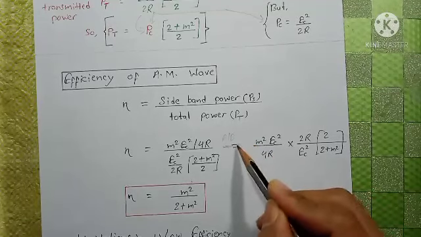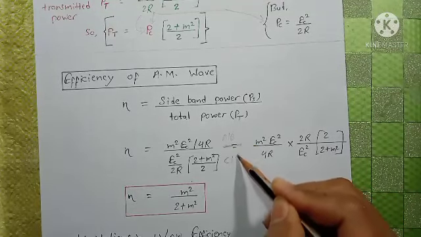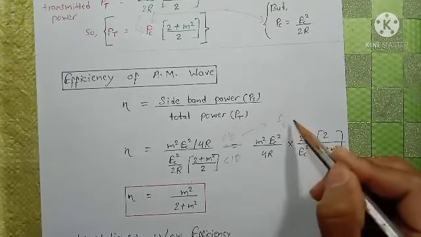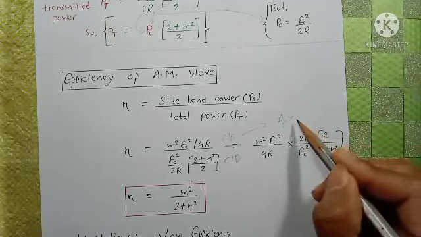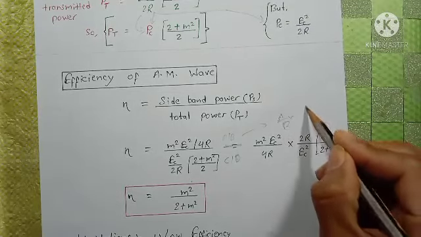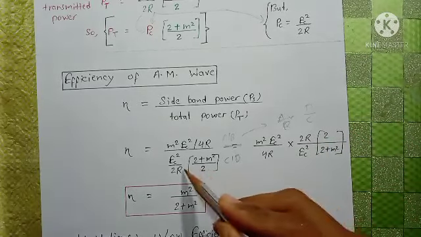because this is a divided by b, over c divided by d. So we can write it as a divided by b into d divided by c.